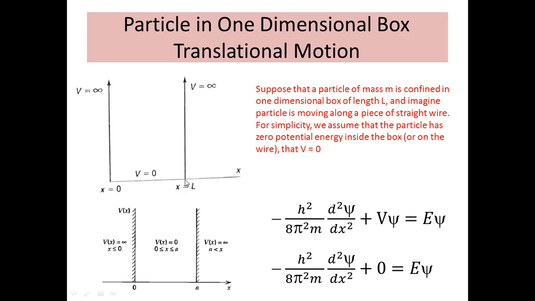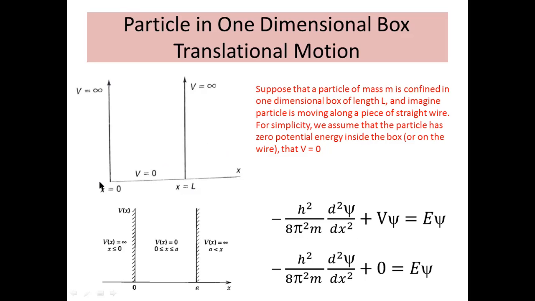Outside the box means when x is greater than L. That means you have confined the particle within this limit. If the particle is over here, at this point x is greater than L, so it is now outside the box, and then the potential energy will be infinity.